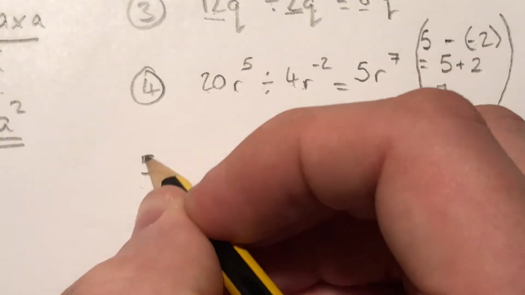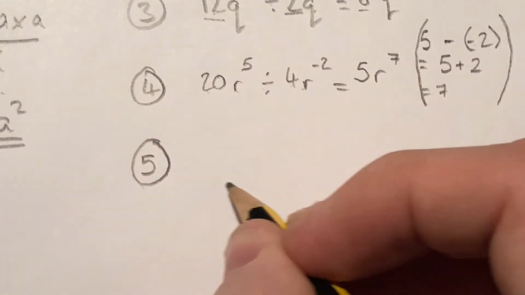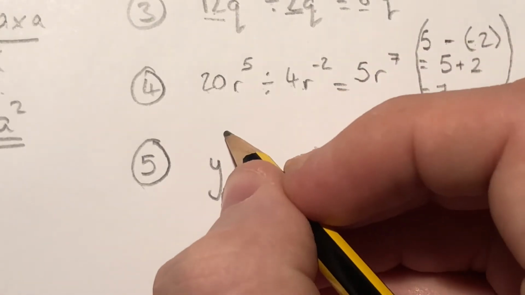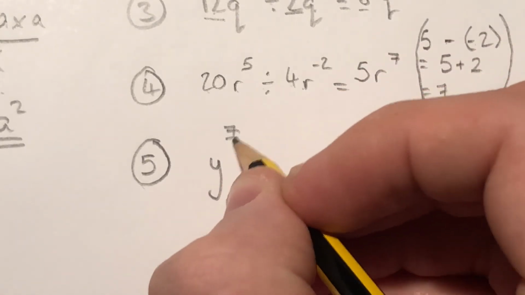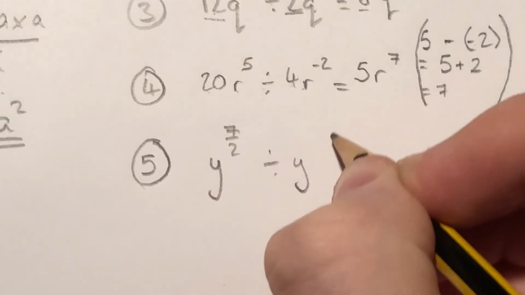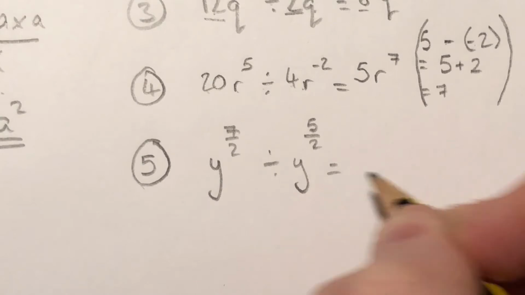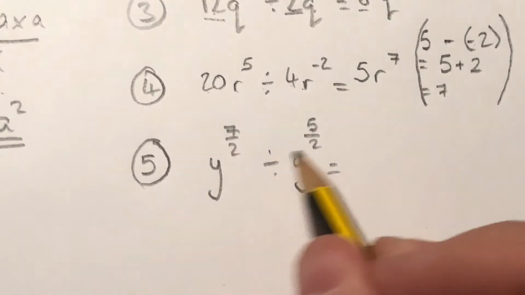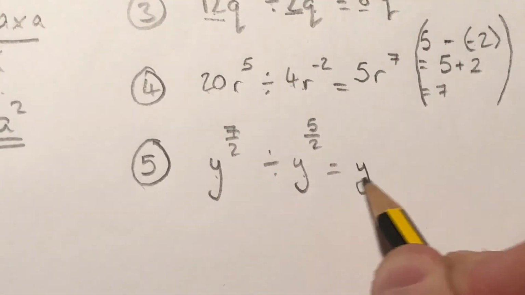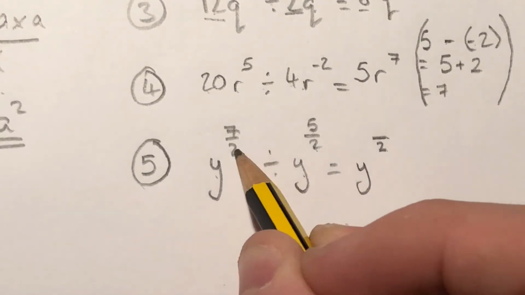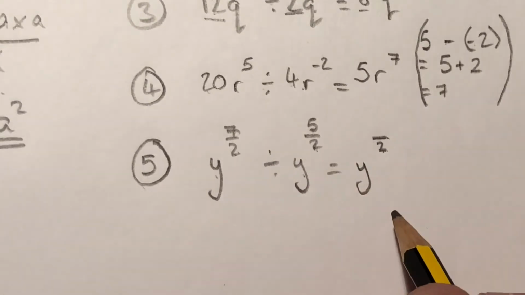And just as before, it could still be a fraction. Let's say we've got y to the power of 7 over 2 divided by y to the power of 5 upon 2. Well, we've got the same base first of all, so that must be a y. On the fraction, both of the denominators are the same, so it remains the same.